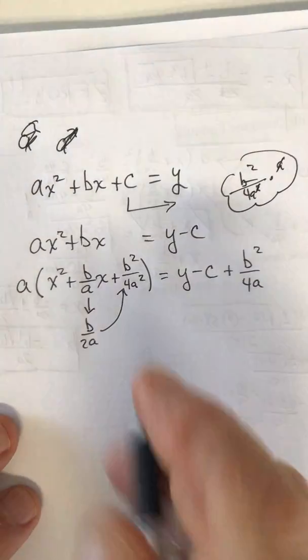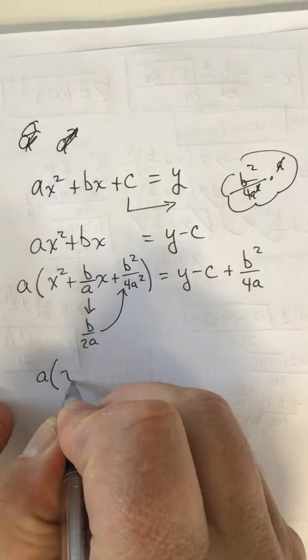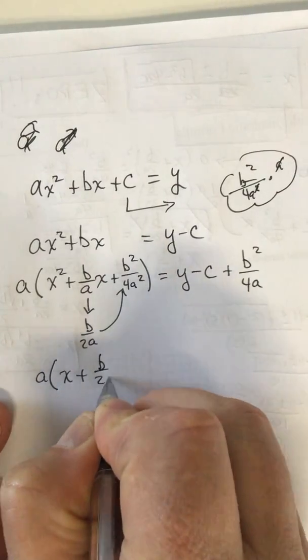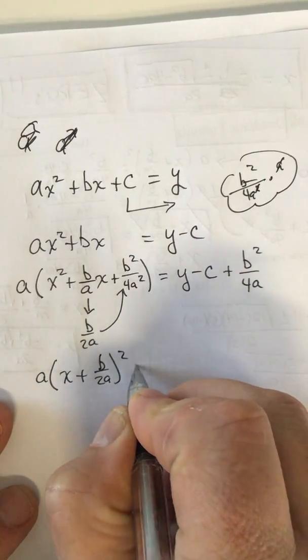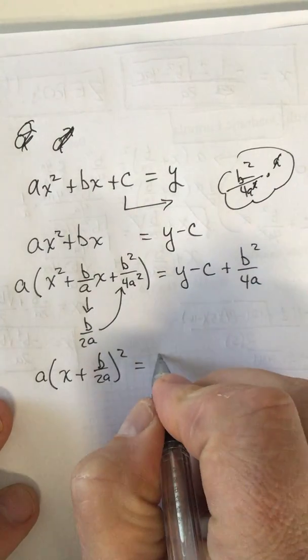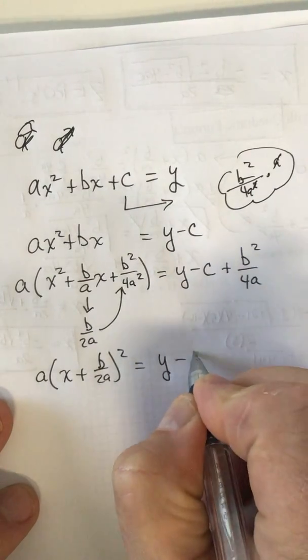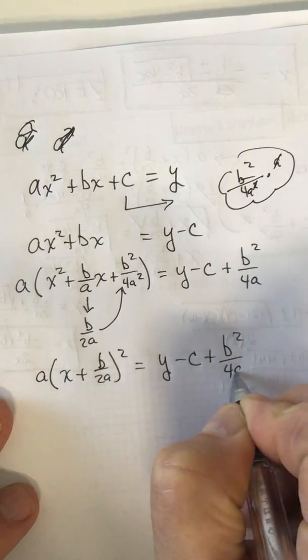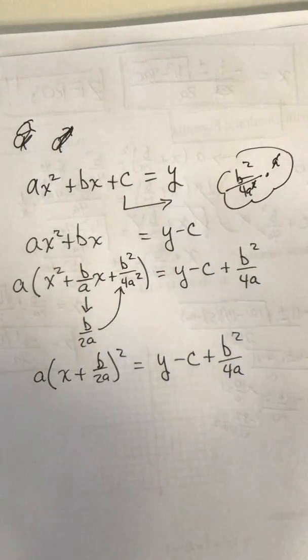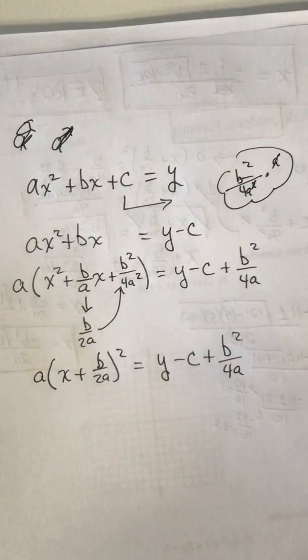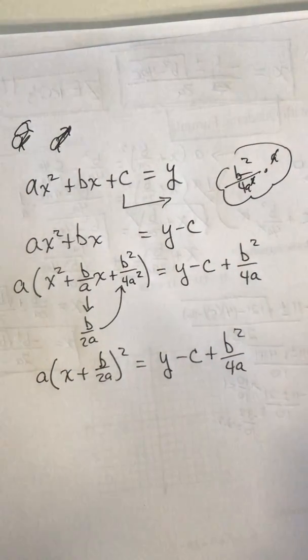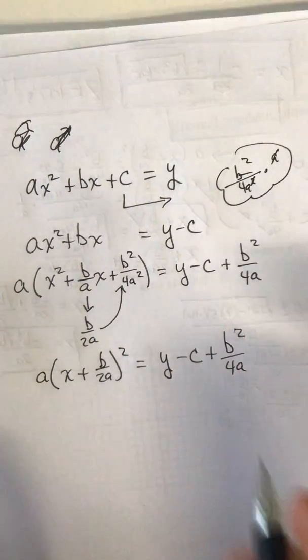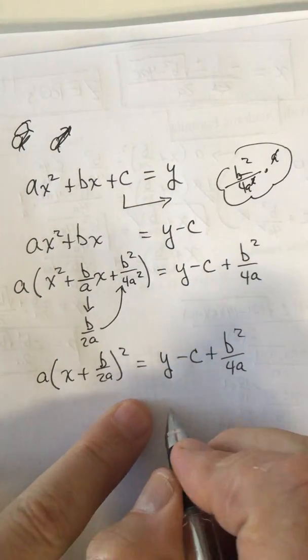Okay, so factoring, I've got an a and then an x plus b over 2a all squared. And over here, I've got a y minus c plus b squared over 4a. Now, just because I have a feeling it will make it easier, I'm going to write this in the other order.